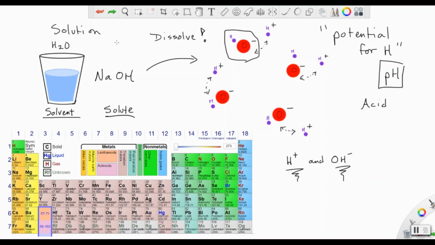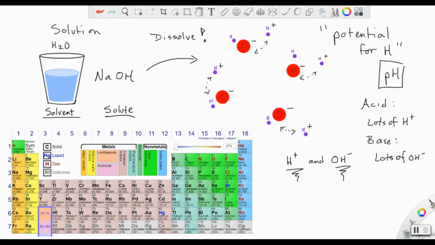The question is, which one are you going to have running around? The protons or the hydroxide ions? If you end up with a lot of these running around, as we saw, that's an acid. So we should put this here. Lots of protons running around. If we have this running around, then what we have is a base.